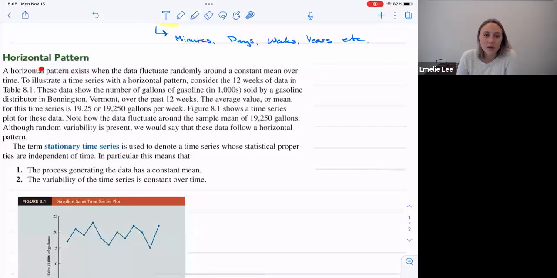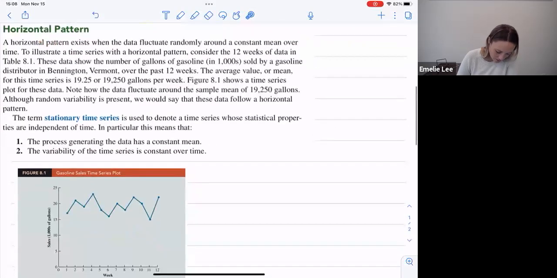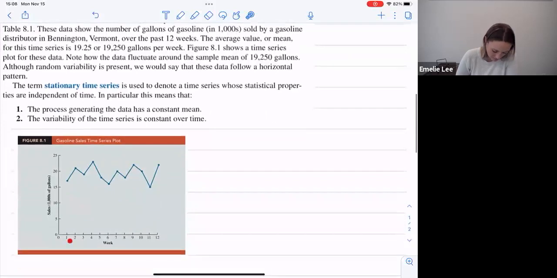For a horizontal pattern, really what we're going to see is some fluctuations like this, right? So we do see patterns, and we do see some activity here each week. Each week we see some changes in the sales for thousands of gallons of gasoline in this case, because it's called the gasoline sales time series plot.